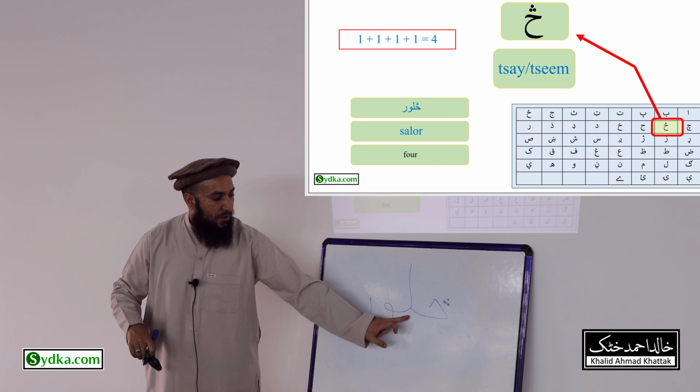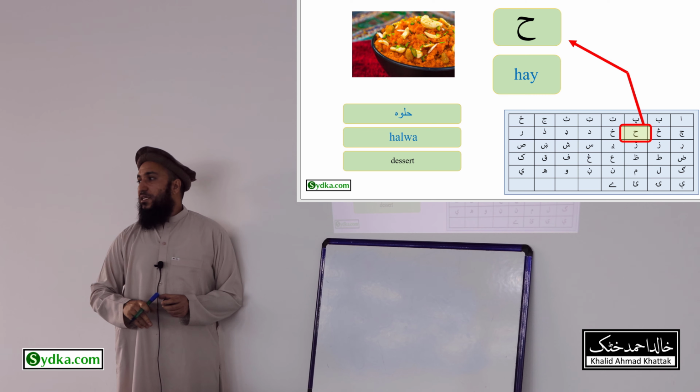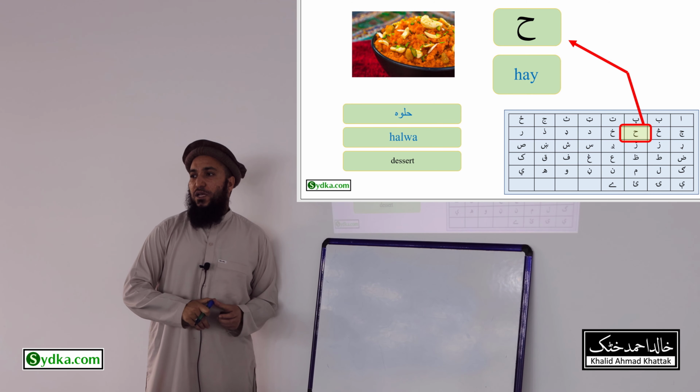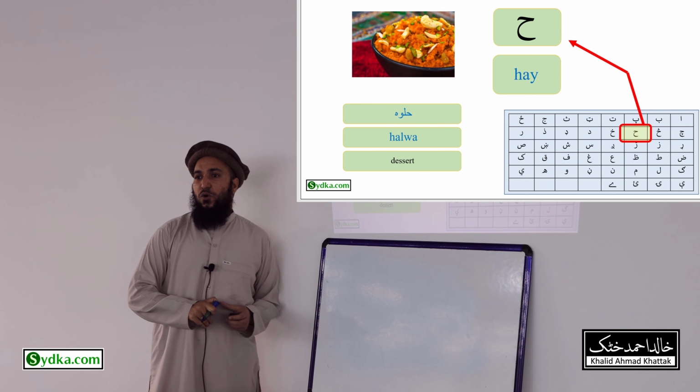Alwo. Is alwo local or standard? Alwo is local. The standard is halwa.